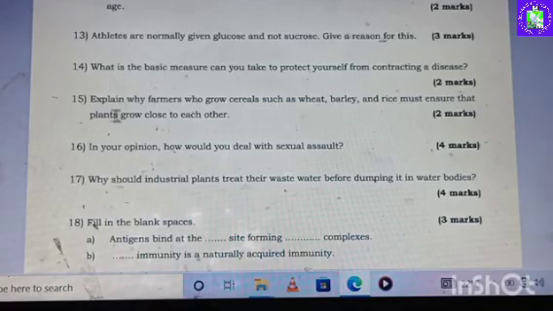Question number 15. Explain why farmers who grow crops such as wheat and rice must ensure that plants grow closer to each other. Grow together.